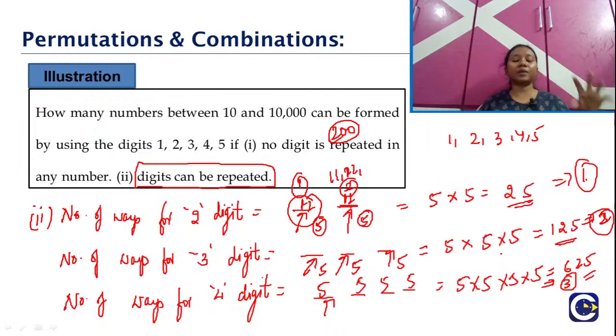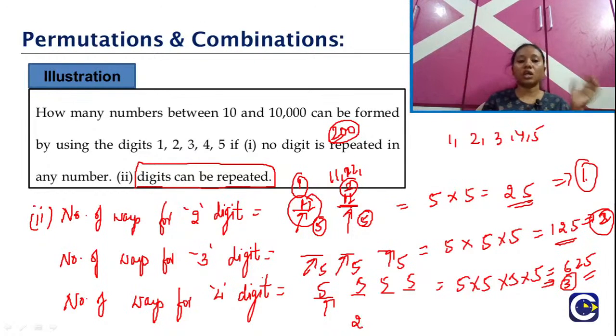So either we can have a 2-digit number, or a 3-digit number, or a 4-digit number, which means amongst the given experiments, one experiment will be performed at a certain time. So which fundamental principle is this? When only one of the given experiments will be performed, it comes under the addition principle of counting. So according to the addition principle of counting, the total number of ways should be added.